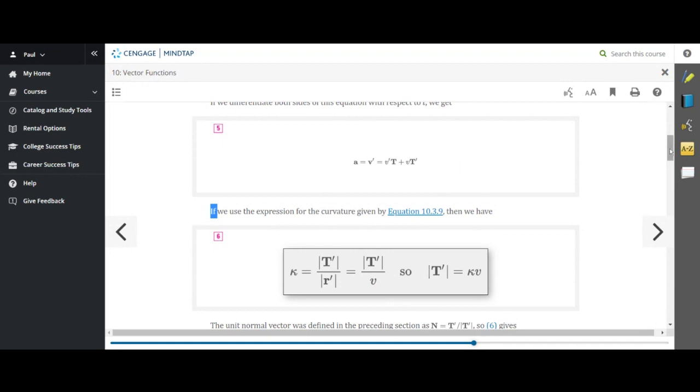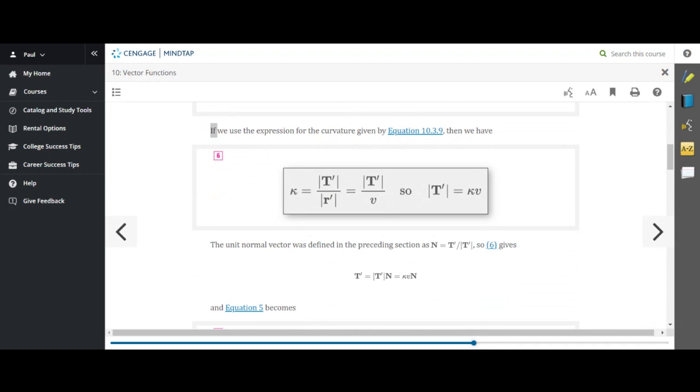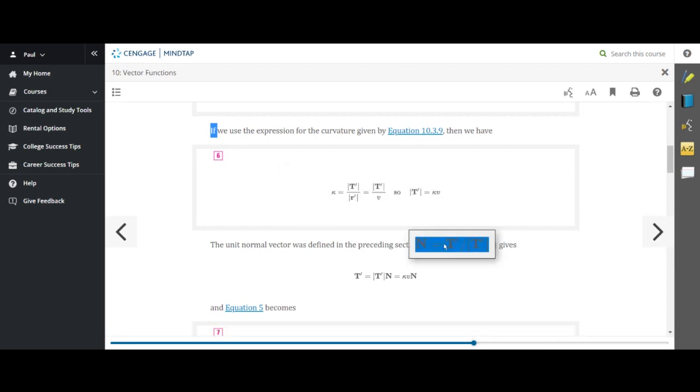Now, what we can do here is we can recognize that the normal unit vector is just the derivative of the tangent vector divided by its length. The normal vector is equal to the derivative of the tangent vector divided by the length of the derivative of the tangent vector.